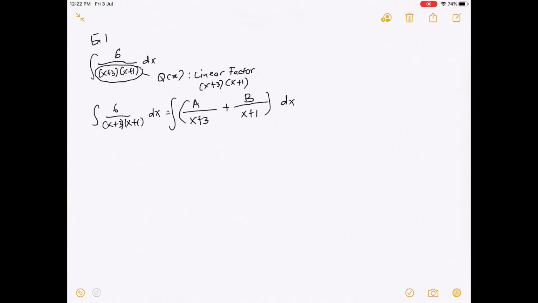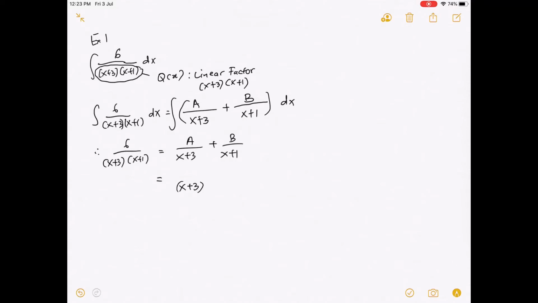dx, then I want to integrate this one. Okay, means we change our function into partial fractions. So how to find the values of A and B? I omit the integration first, saya ambil equation saja. Now saya samakan penyebut.